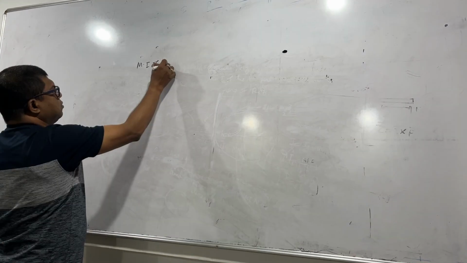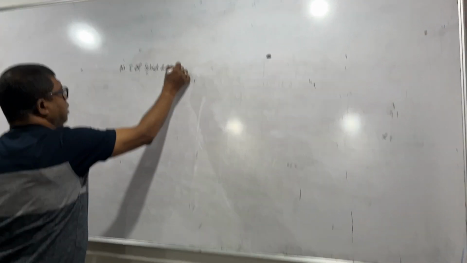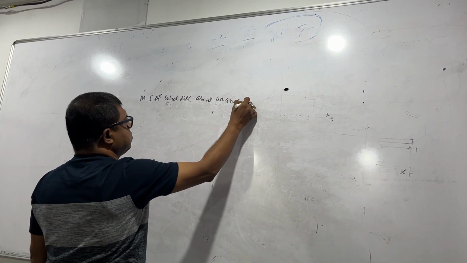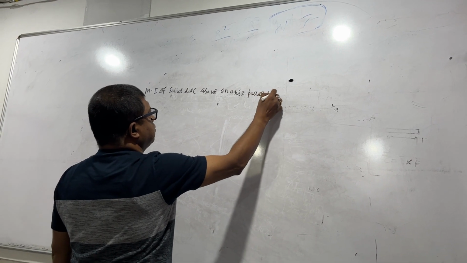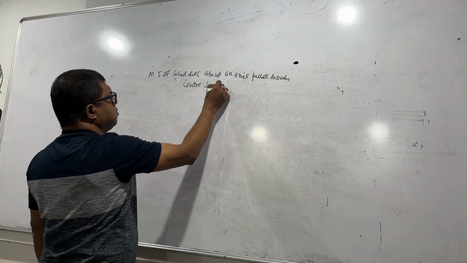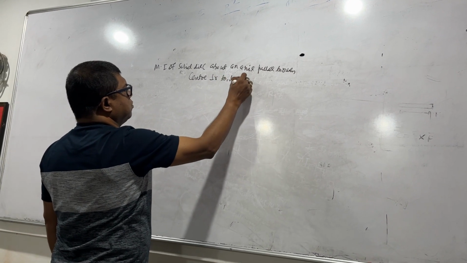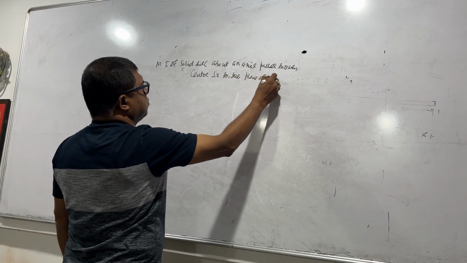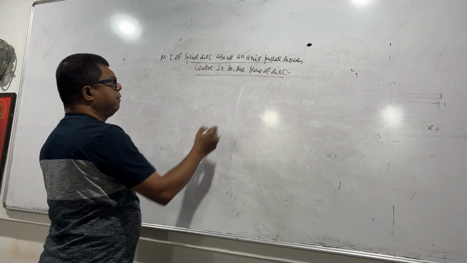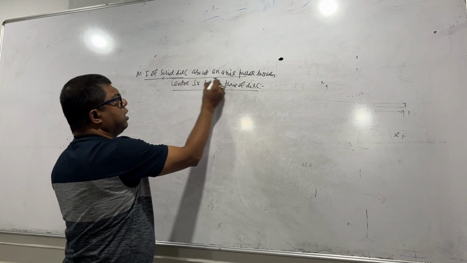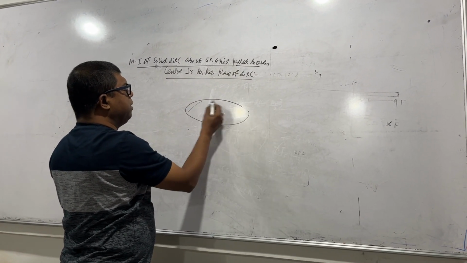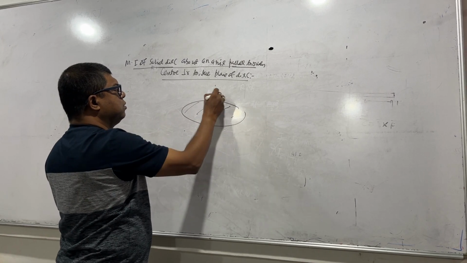Next is the disk, about an axis that passes through the center and is perpendicular to the plane of the disk.